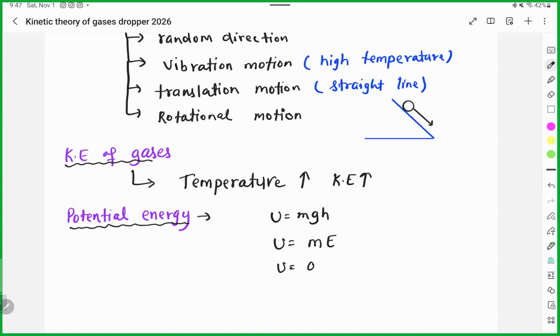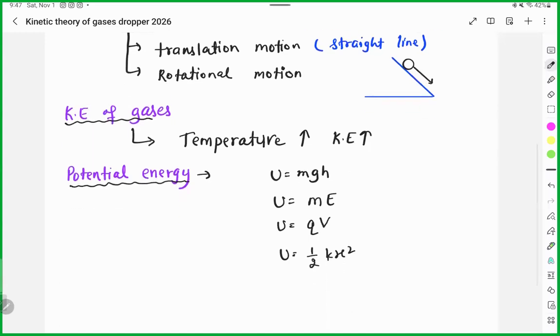Potential energy is equal to charge into potential. Potential energy is equal to half kx square. But what is the definition? These are the formulas we use in different chapters.